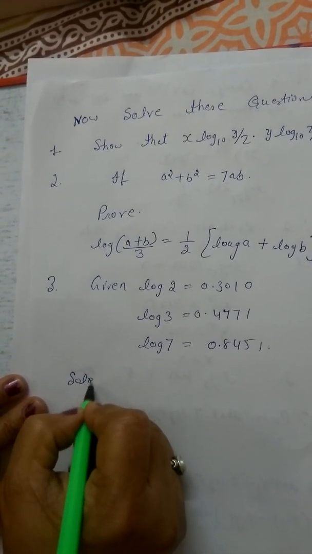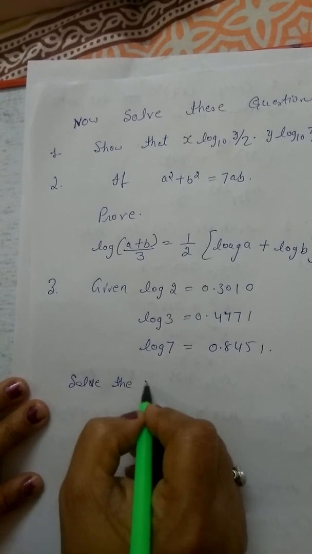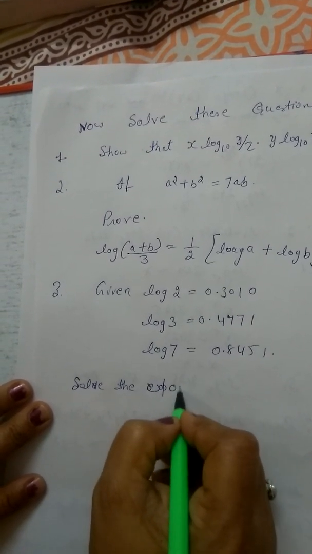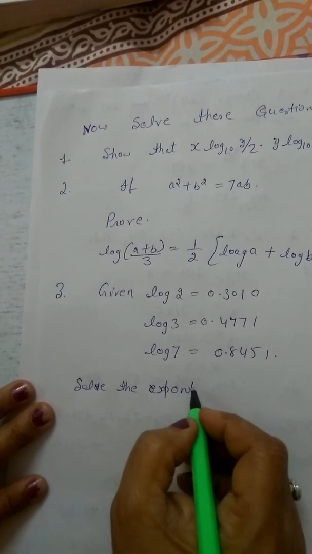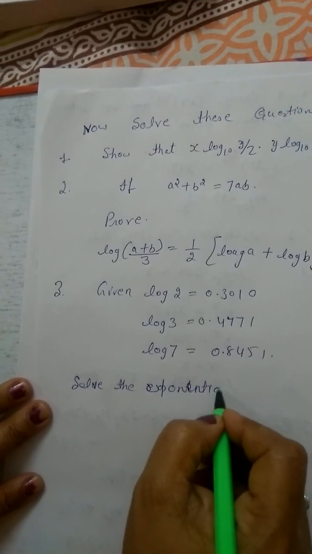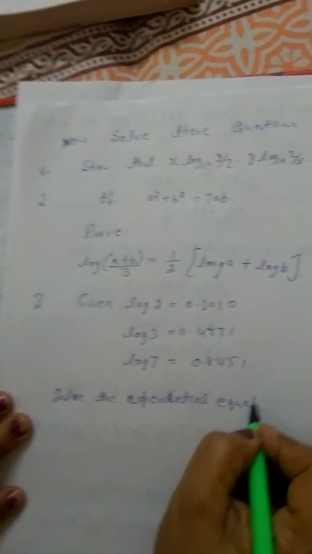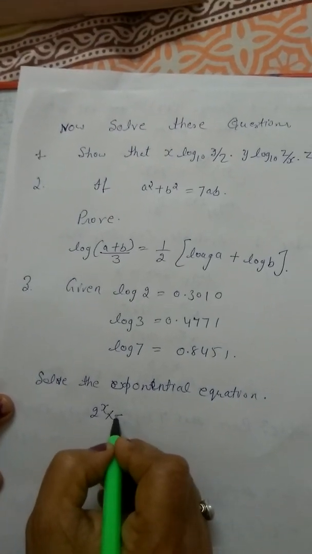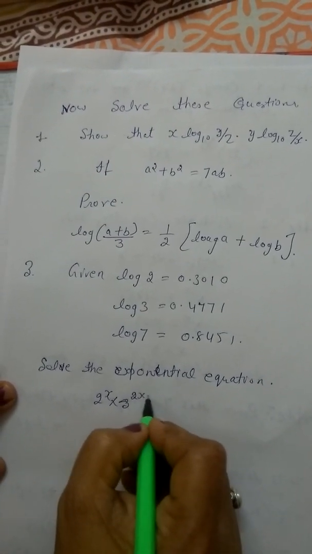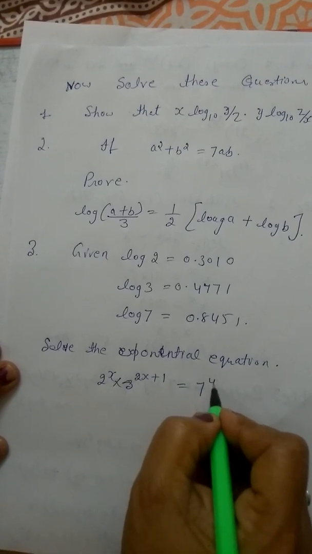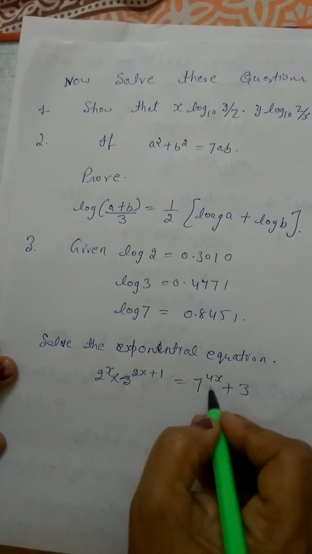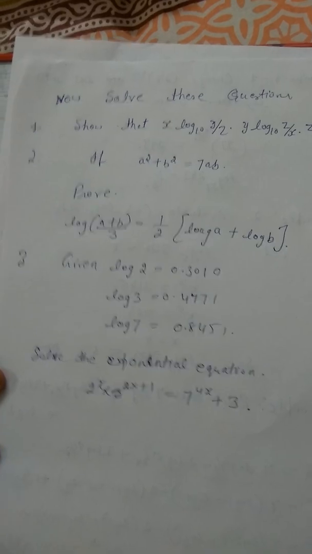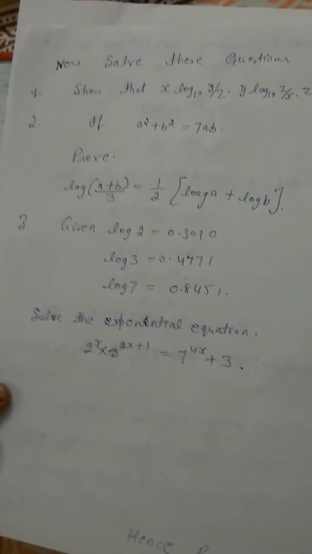Solve the exponential equation 2 raised to the power x into 3 raised to the power 2x plus 1 equals 7 raised to the power 4x plus 3. Now solve these three questions for your practice.